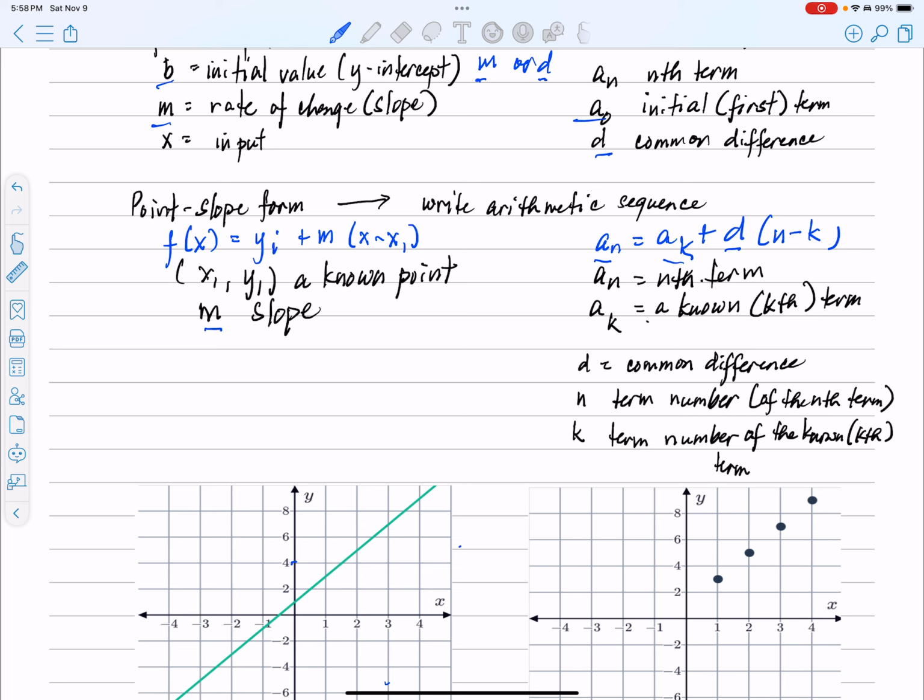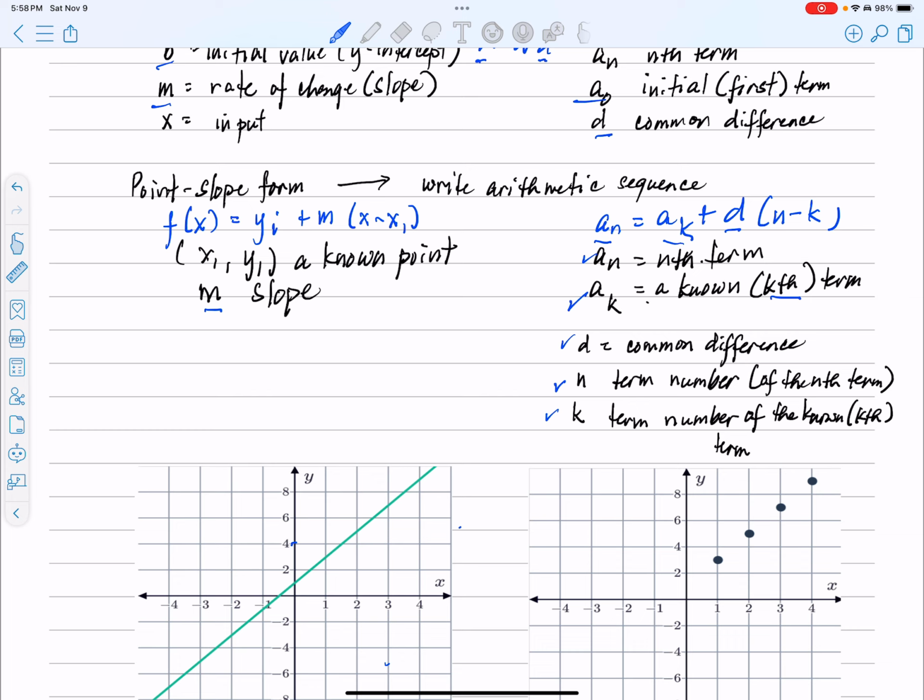So a sub n is the nth term, a sub k is the known k term, d is the common difference, n is the term number or the nth term, and k is the term number of the known term. All right.